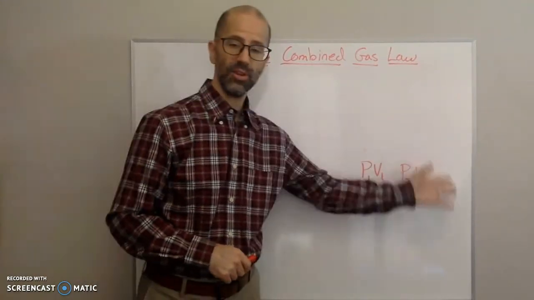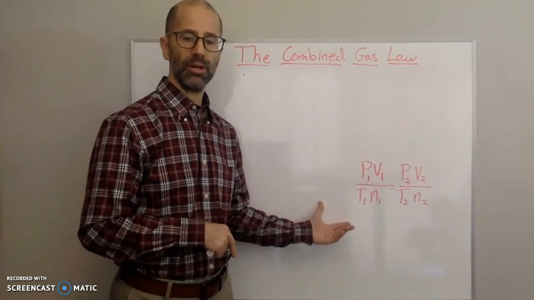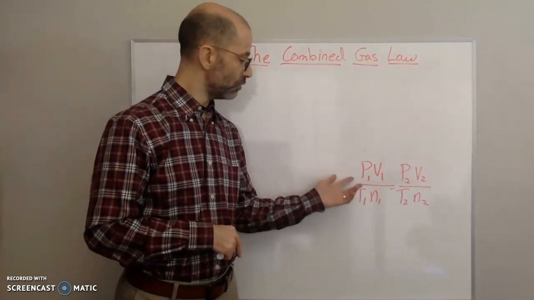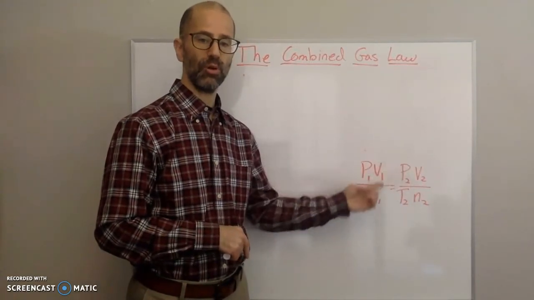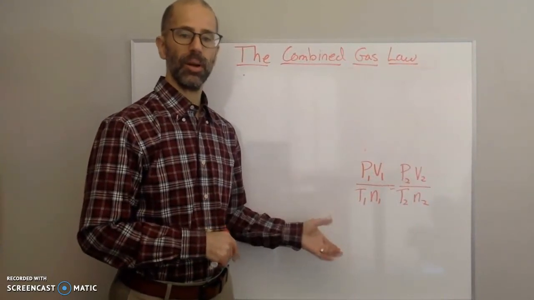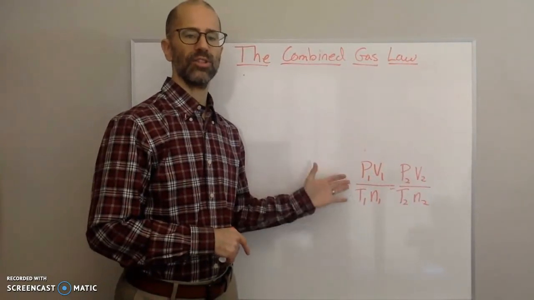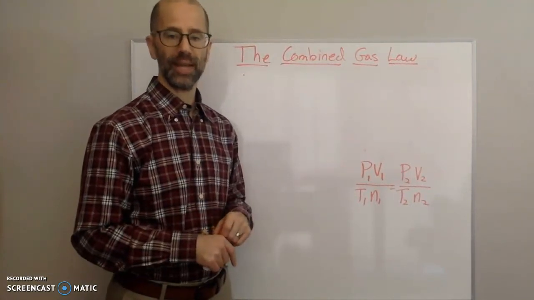So this is the only equation you need to remember: P1 V1 over T1 N1 equals P2 V2 over N2 T2. That's the only equation you need to remember because all the other equations are going to come from this one if you pay attention to what is constant.